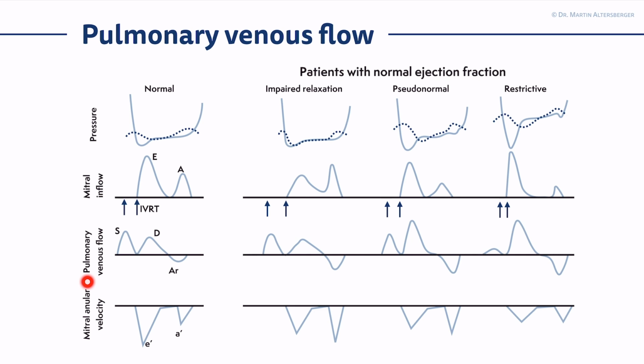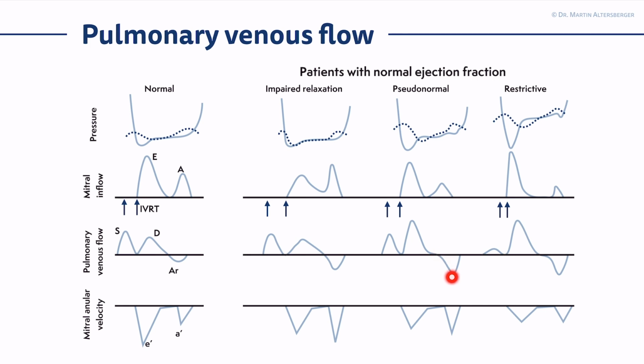And the pulmonary venous flow is the same. We have the S wave, the D wave, and we have another segment which is called AR. That's a reversal of flow. And the more the flow reversal is, the higher the filling pressures are, and you see that the S wave compared to the D wave becomes significantly smaller, which also depicts elevation of filling pressures.